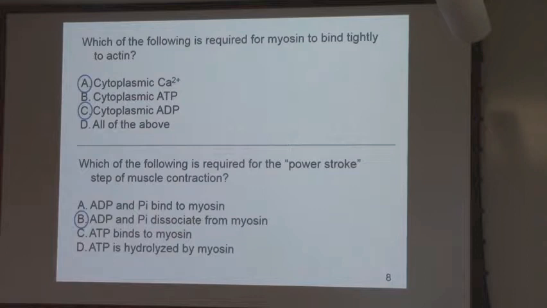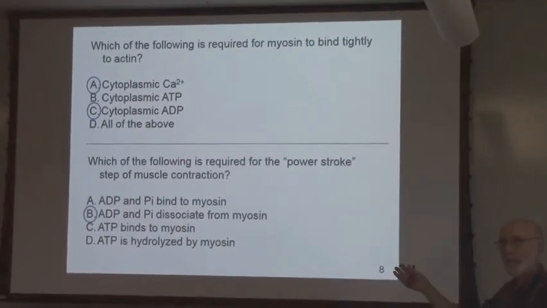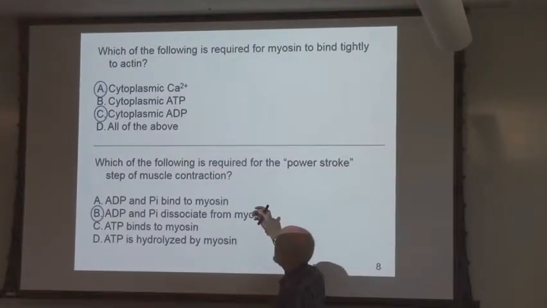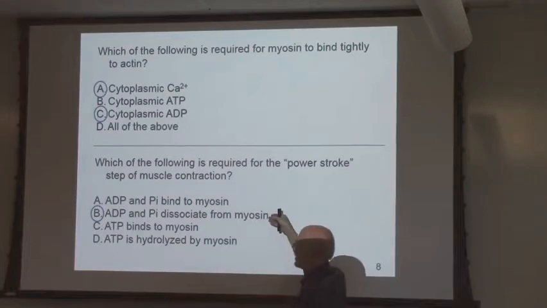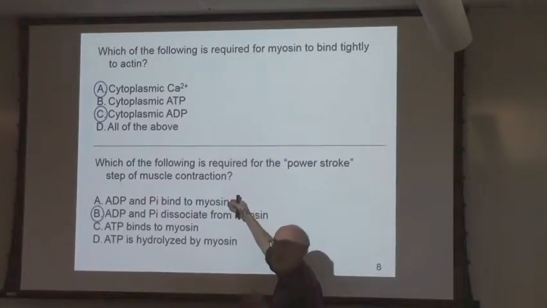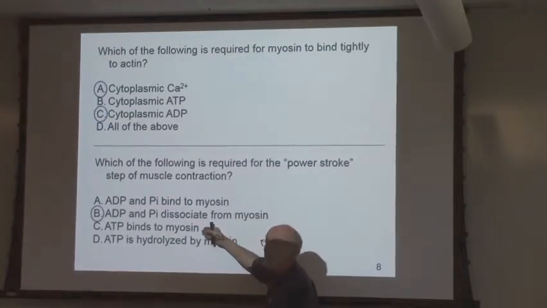And you should be able to go through, like this clicker will be available on Moodle after class. And you should be able to say, okay, what happens? So this is what happens in order to trigger the power stroke. When ATP binds to myosin, what happens?